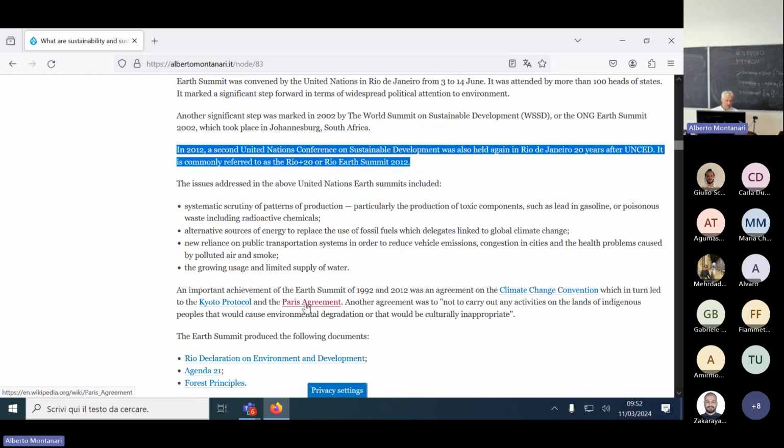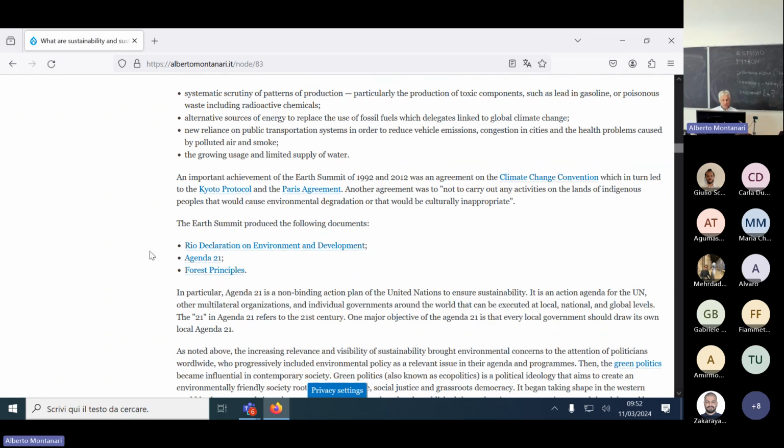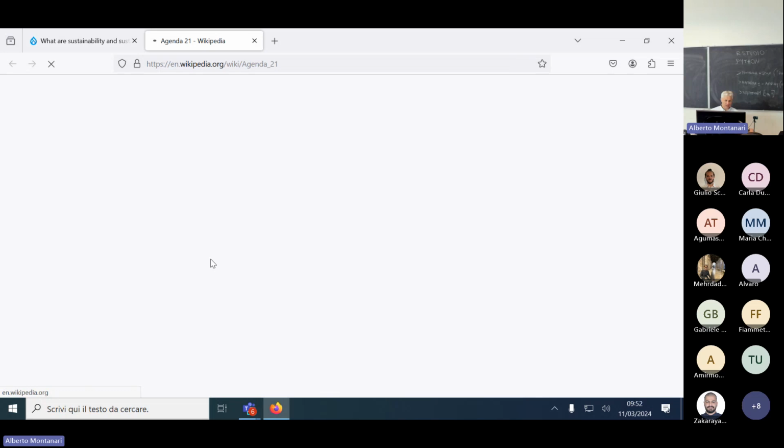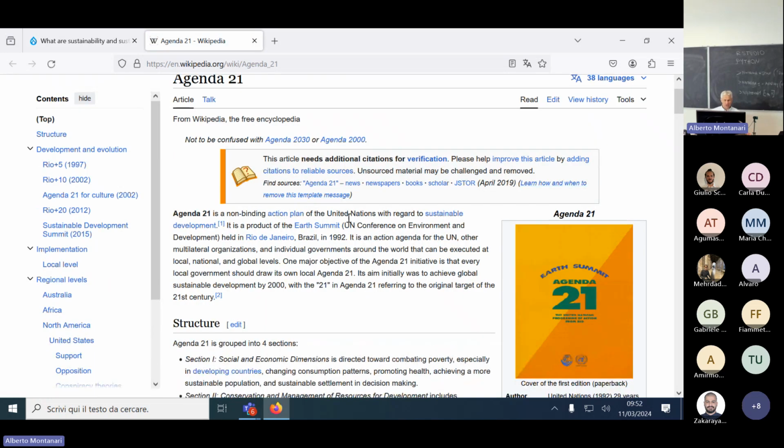The Paris Agreement set the targets of global warming that ideally we don't want to trespass, okay? And so these are the products of these conferences, the Rio Declaration, Agenda 21. Agenda 21 is quite current, and it is an action plan of the United Nations with regard to sustainable development.